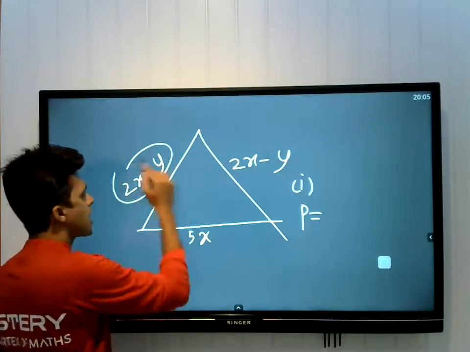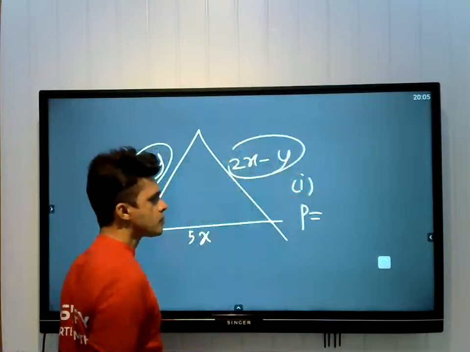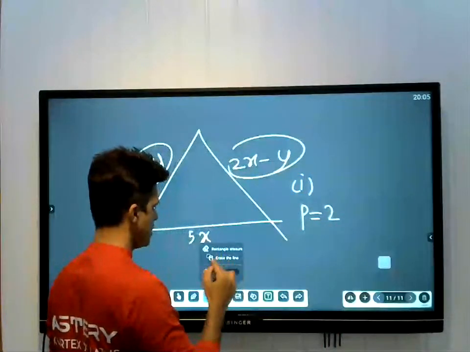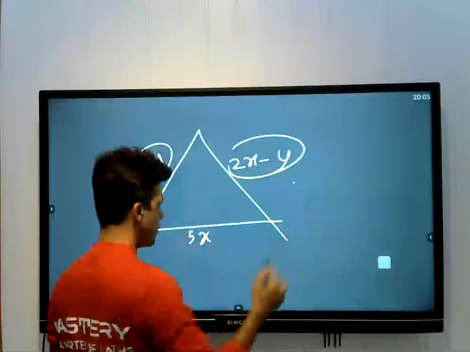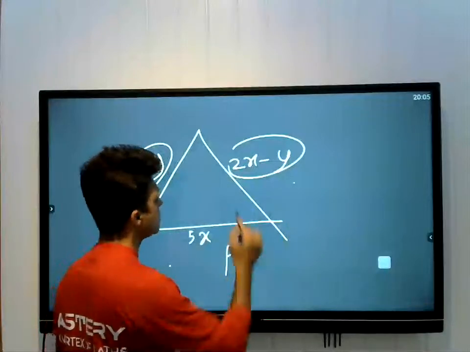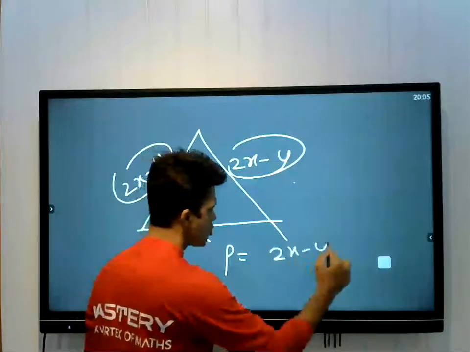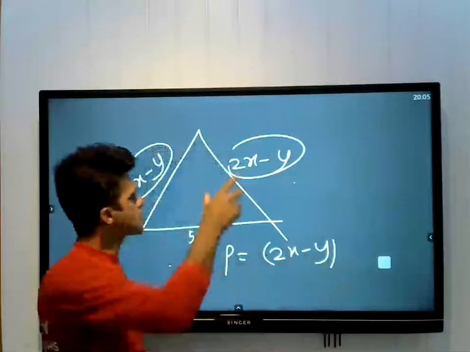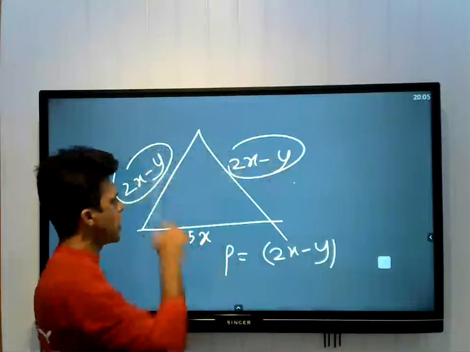Then 2x minus y, 2x minus y. I will write it here. P means perimeter. There are two expressions here, 2x minus y, 2x minus y.